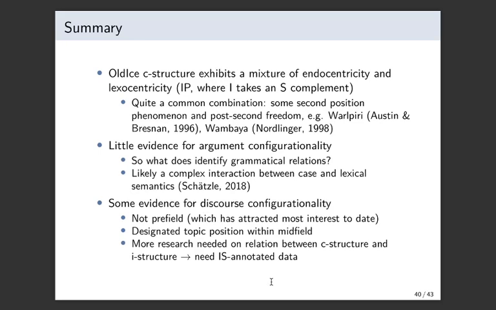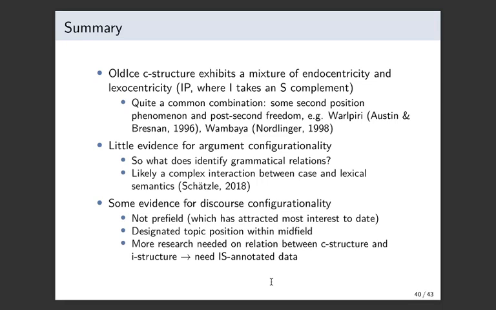Okay, so to summarise, I've shown that Old Icelandic C structure exhibits a mixture of endocentricity and lexocentricity, in that we had this combination where we had a functional projection, IP, with the head I taking an S complement.